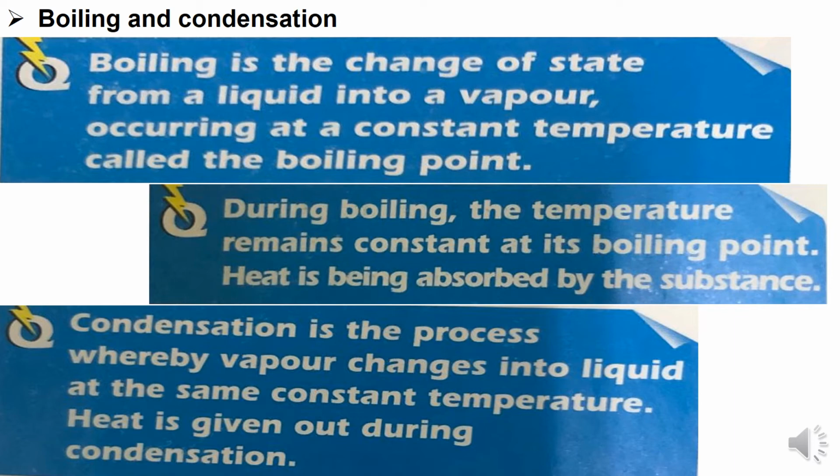And alcohol, you know already, is 79 degrees Celsius. This alcohol and mercury boiling point we already discussed in the types of thermometer. The others are the new ones. We need to learn these other substances' boiling points that I just mentioned.